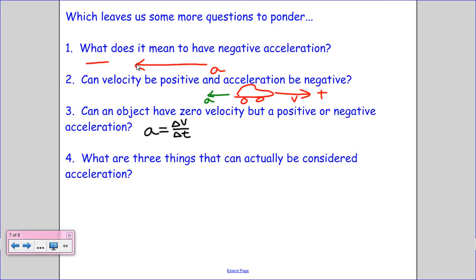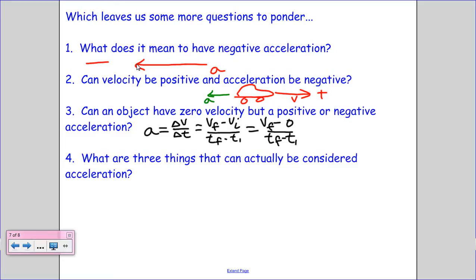So when we write this out, we have a final velocity and an initial velocity. We have two different velocities here that we need to take into account before we can figure out acceleration. So if one of these is zero, let's say for example our initial velocity is zero, we still have a final velocity to deal with. It doesn't go to zero.